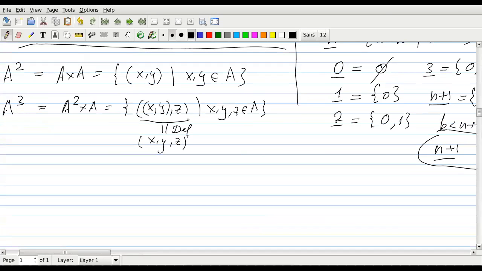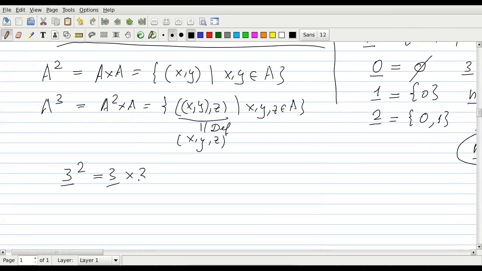First of all, let us see what is 3 underlined squared. This is a set of all such pairs. Can you list them all? Which pairs do you have here? 0, 0. By the way, how many? 9, of course. 0, 0, 0, 1, 0, 2.